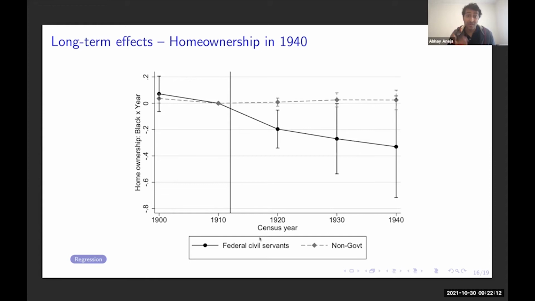And then to reassure us that this really is a segregation effect, or civil service effect, rather than a general economy-wide effect, we benchmark these effects against a comparable set of workers in the private sector. This reassures us again that we're really picking up something specific to the effects of Woodrow Wilson's policies.